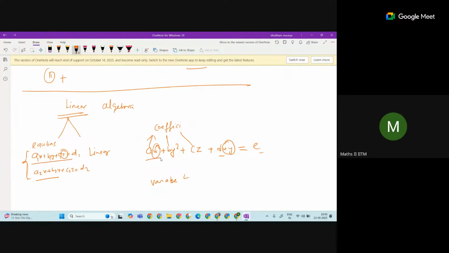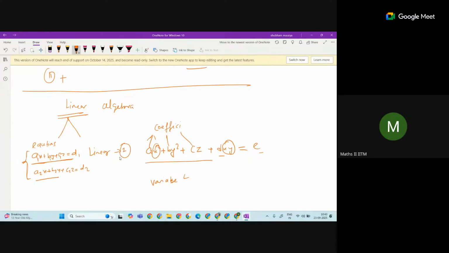But here some terms are degree 2 and some terms are degree 1. So the degree of the whole equation is 2 here, because the highest degree that any term has is going to be the degree of the equation. Here each term has degree 1, so that's why linear means here that the degree is 1.